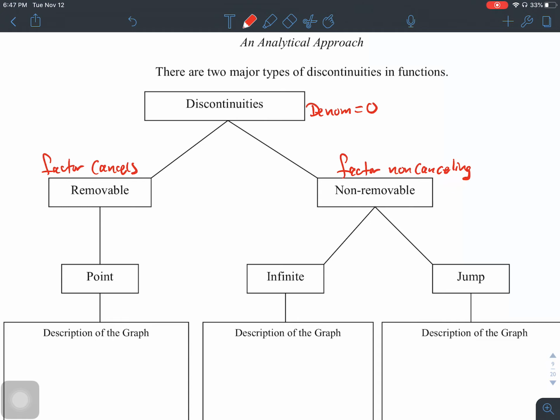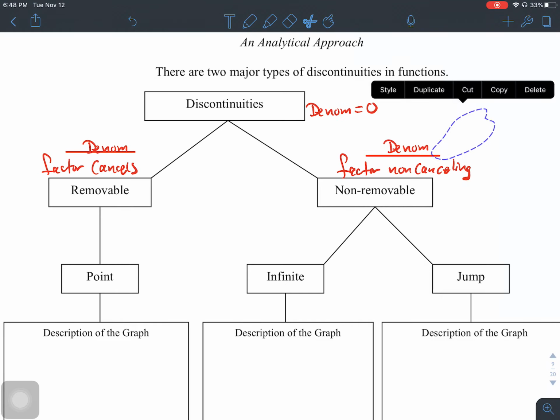Keep in mind these are both referring to denominators. If the factor cancels, that is known as a removable discontinuity. If the factor does not cancel, it's known as a non-removable.